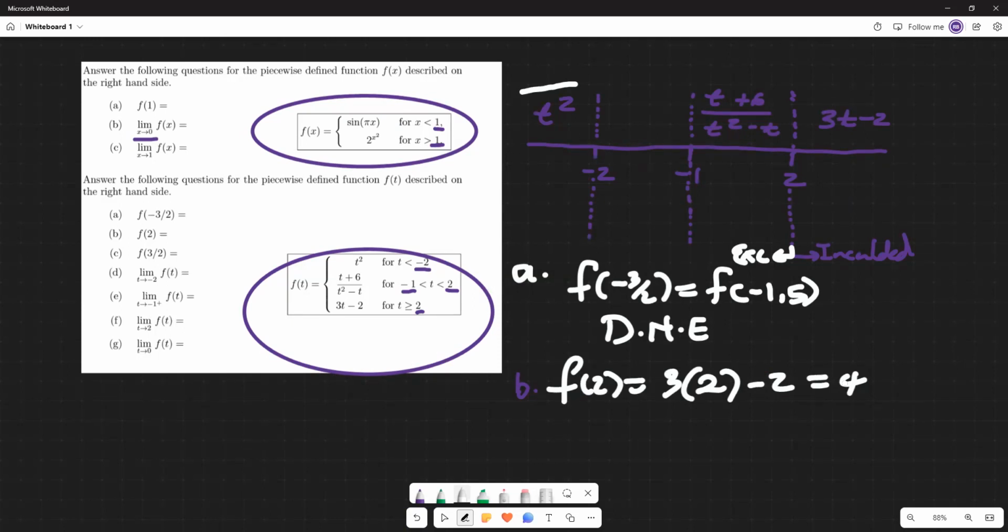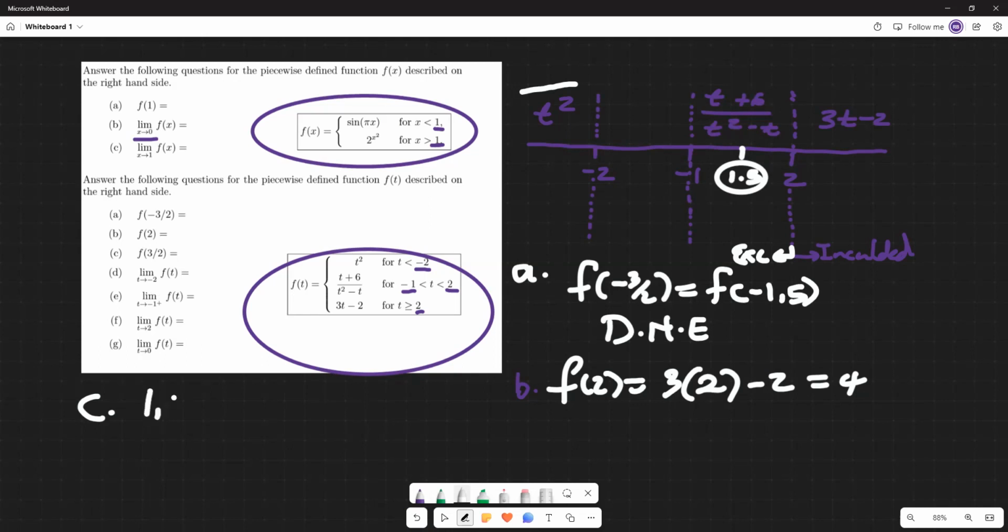Now we can go to C. On C, they say f at 1.5. 1.5 lies somewhere there, so I need to put 1.5 in that expression.